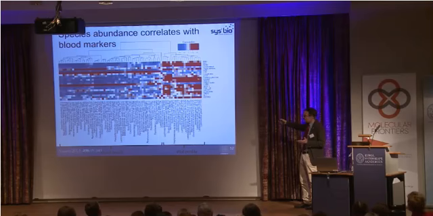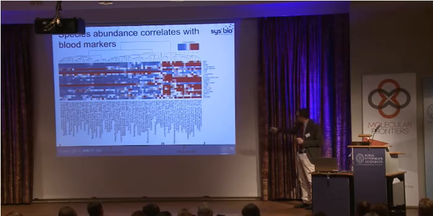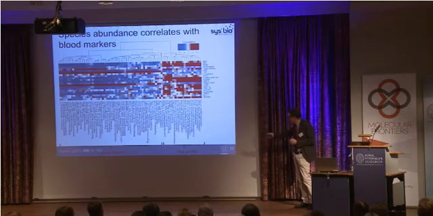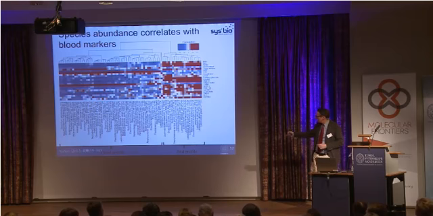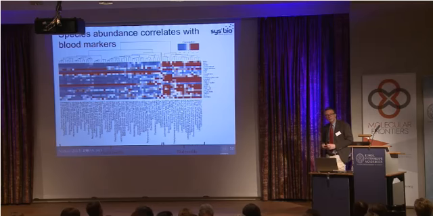Some of these here are bad, high insulin levels, for example, bad fasting glucose, and so on. So this is what we call a bad profile. If you have high levels of these, you're likely to have elevated levels of these. These ones here are kind of a good profile, and these are present more in healthy subjects.